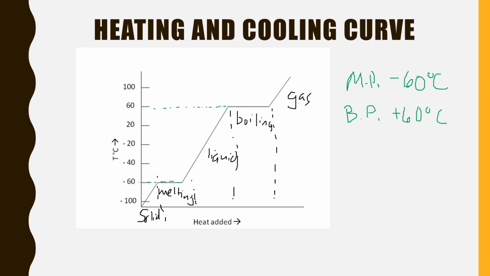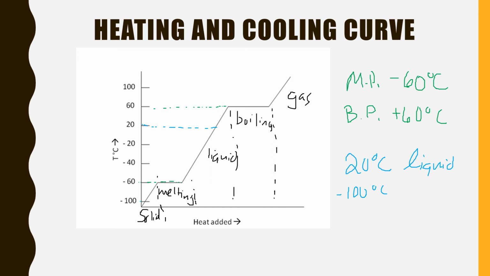Okay, well, what if I want to know at 20 degrees Celsius? This is what you do. Find 20 degrees, go over. What part of the graph does it intersect with? It intersects with the liquid. Okay. What about negative 100?